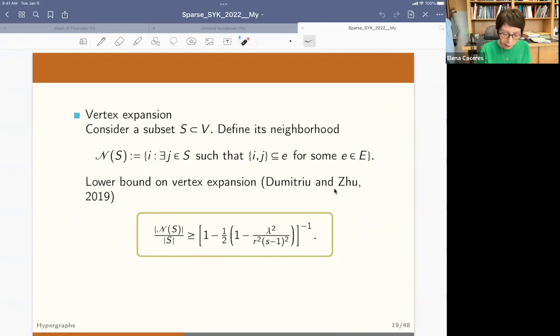The expansion is the size of the neighborhood divided by the size of the subset. That's what they call vertex expansion. So this is a math result.